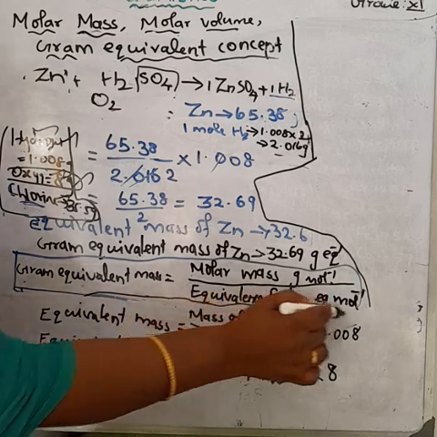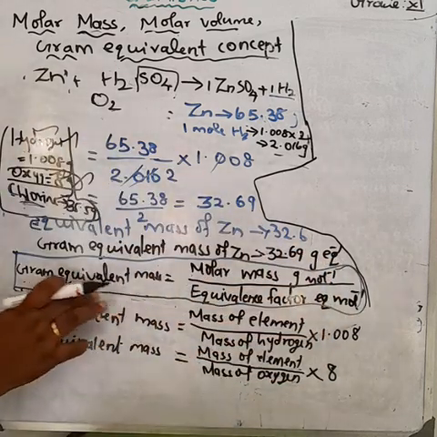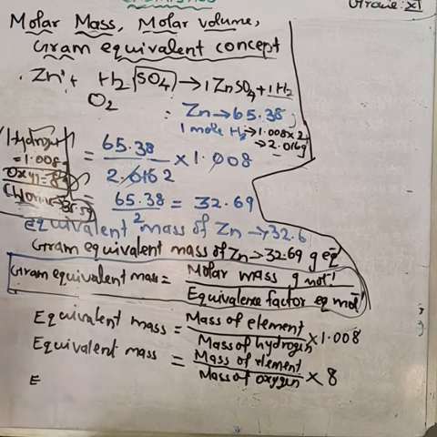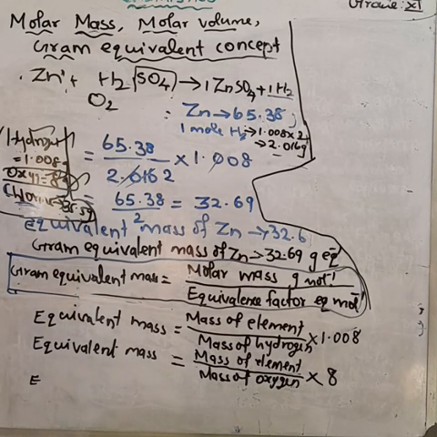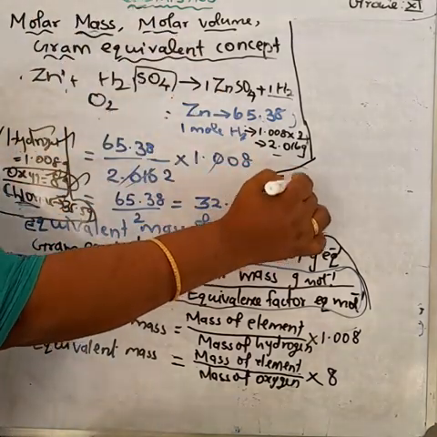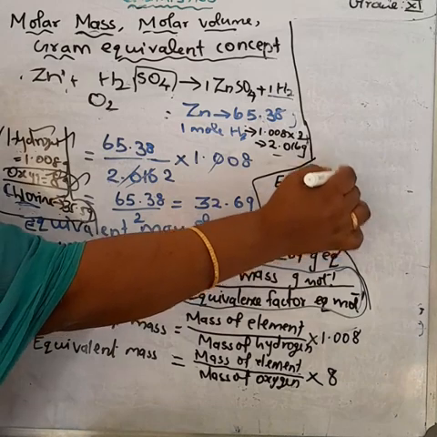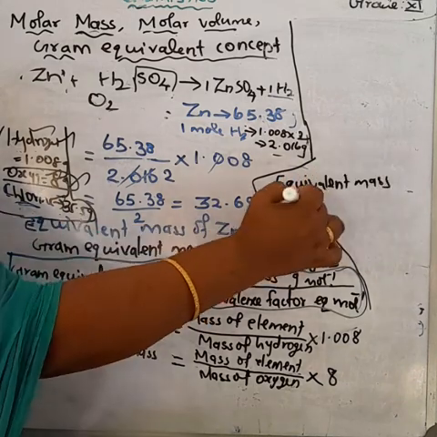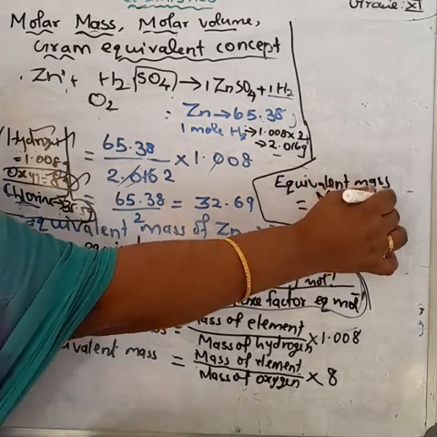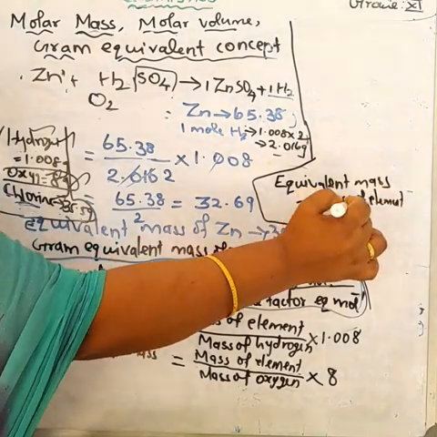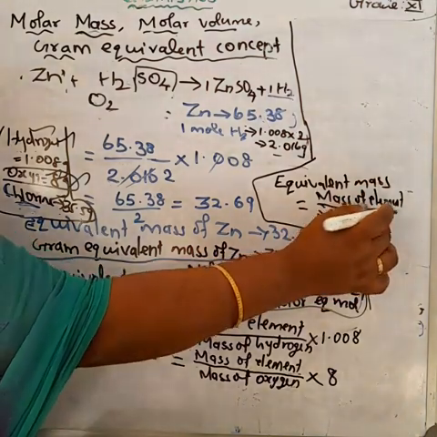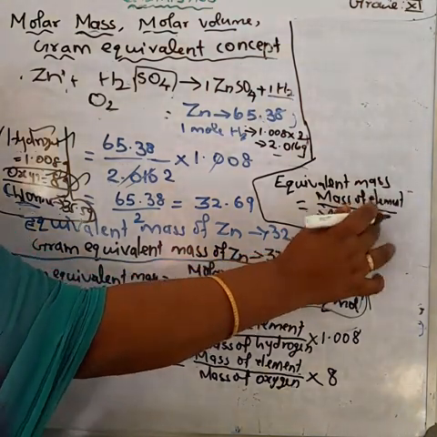Understood? And suppose you are displacing chlorine from a substance in another reaction, we have to use another formula. The equivalent mass is equal to the mass of the element by the mass of the chlorine.